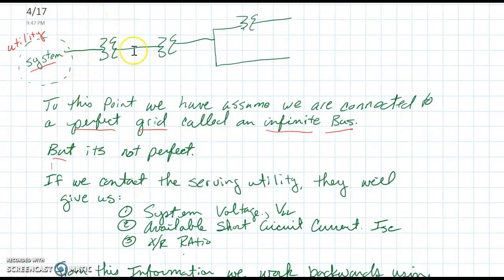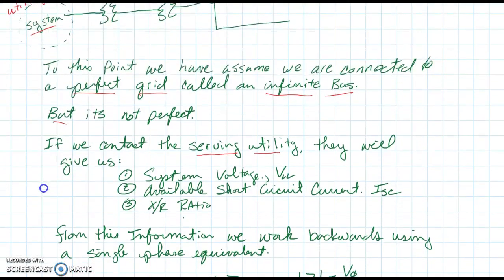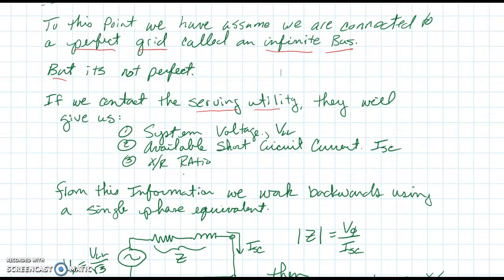What happens is, if you ever have to work on a project like this, you contact the serving utility and you ask them what their system looks like, looking up into the electrical grid wherever your meter's at. When you do that, they're going to give you three components. They're going to give you the system line-to-line voltage.